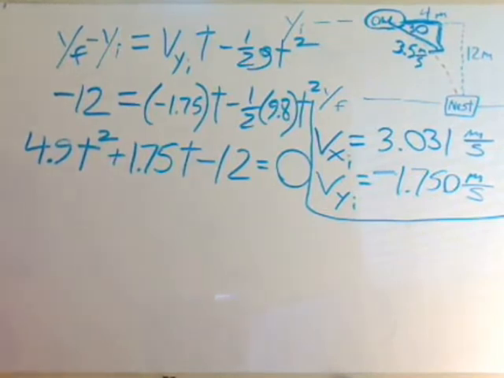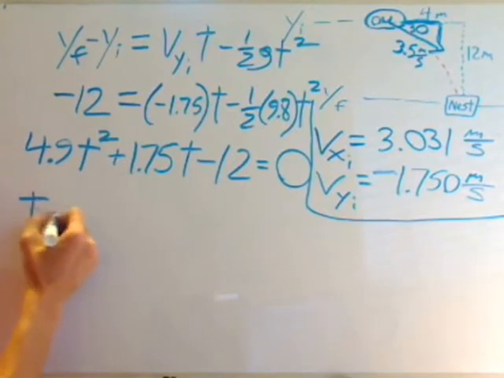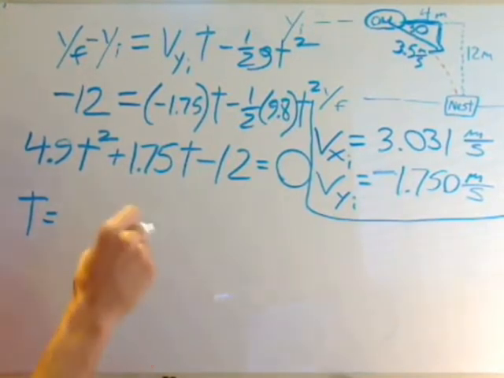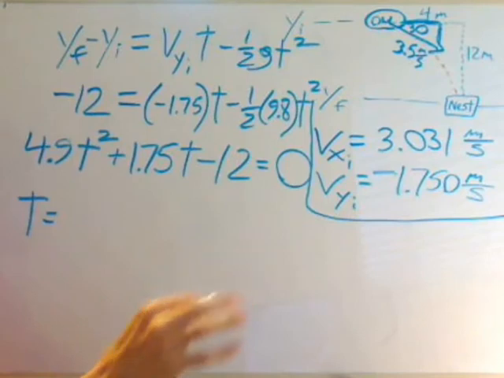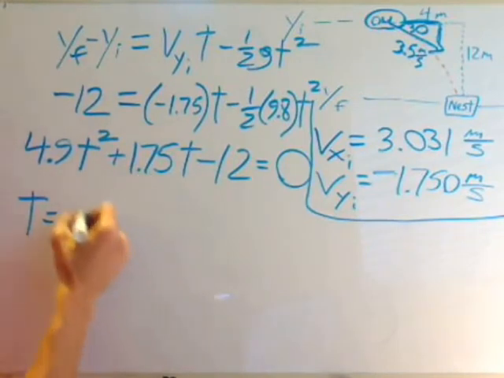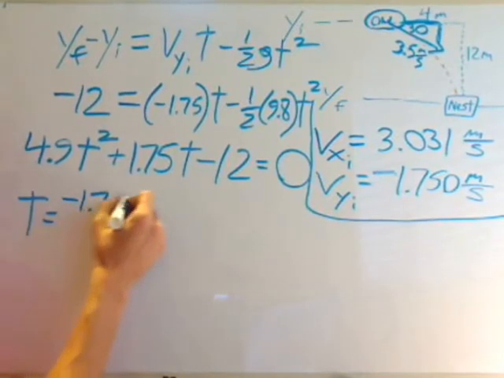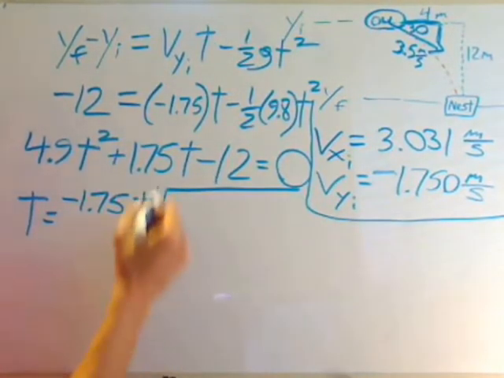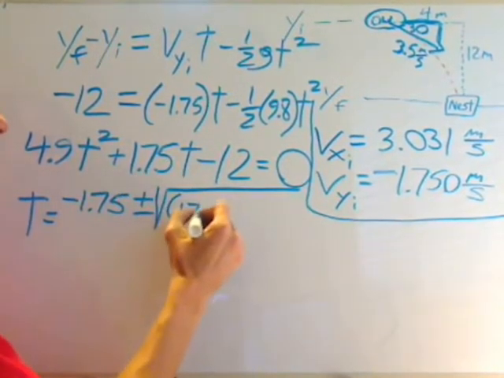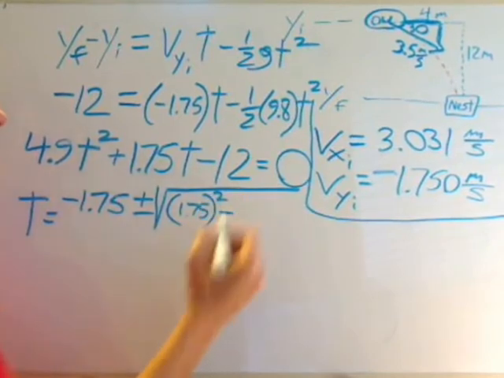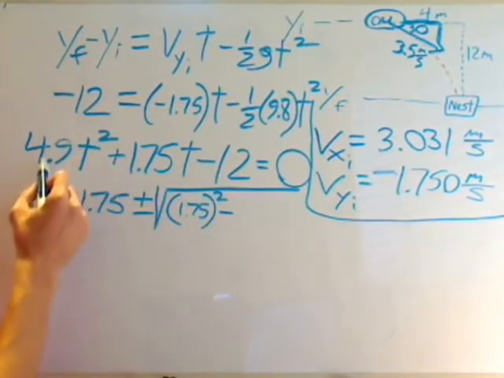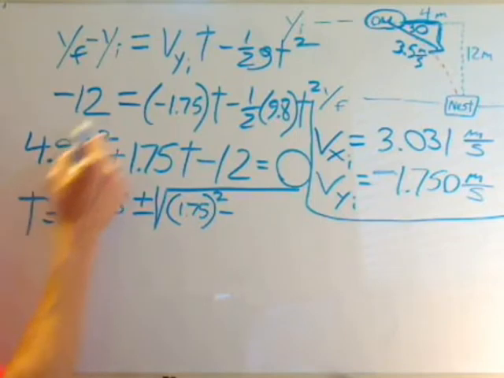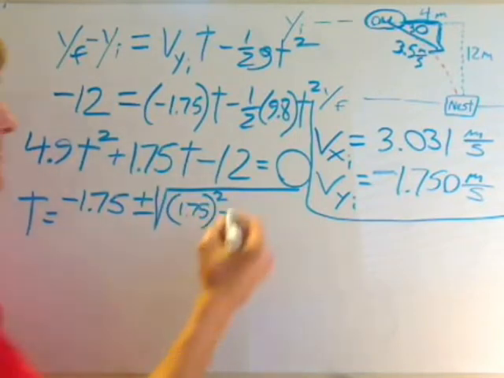Okay, so using the quadratic formula then, t is, remember, negative b plus or minus the square root of blah, blah, blah, over 2a. So look up what the quadratic equation is. So this is b, so it would be negative 1.75 plus or minus the square root of b squared, 1.75 squared, minus 4 times a, which is 4.9, times c, which is minus 12.